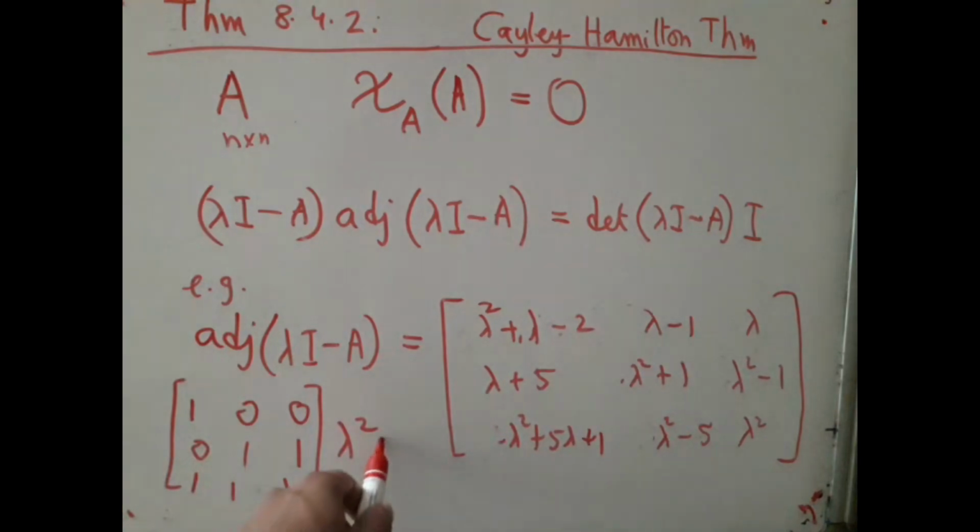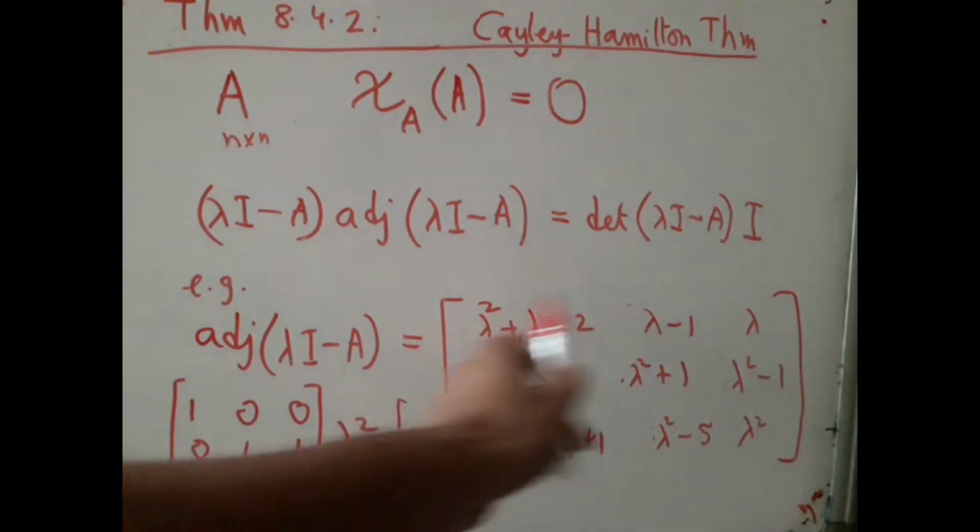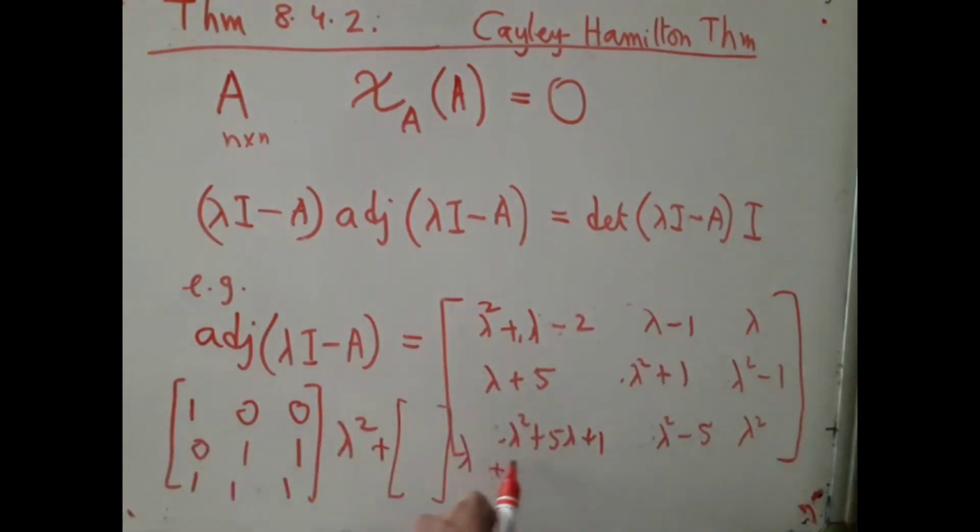Now similarly, if I take all the lambda terms, you get another 3 by 3 matrix times lambda, plus all the constant terms, so you get another constant matrix. So I can write this adjugate of lambda I minus A as what is called a matrix polynomial, namely a polynomial in the scalar variable lambda, but the coefficients are actually matrices.